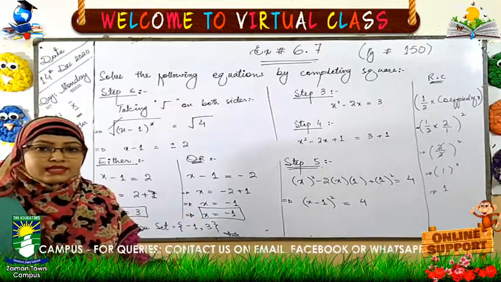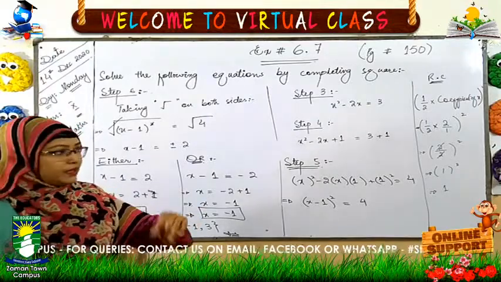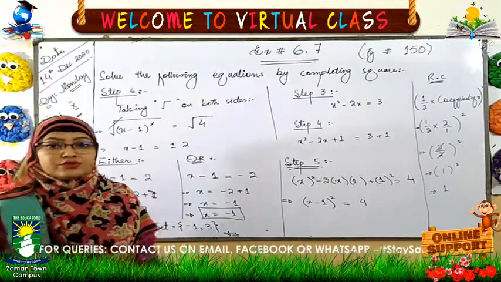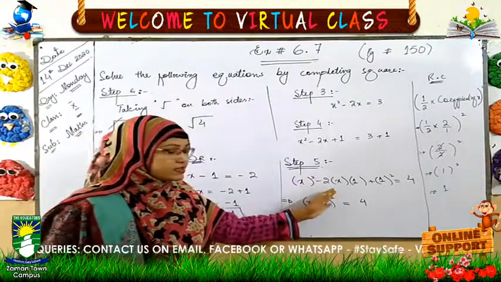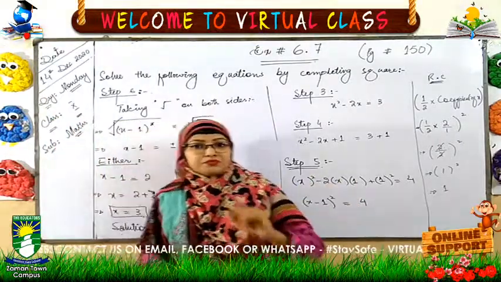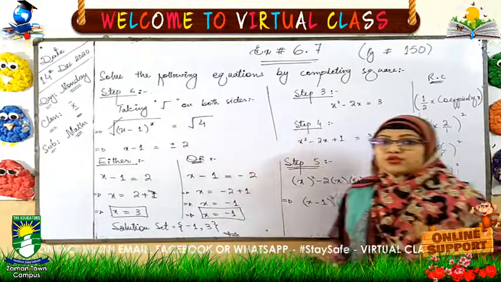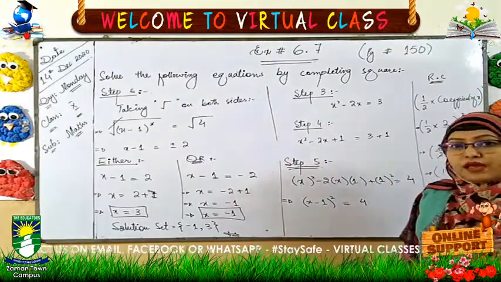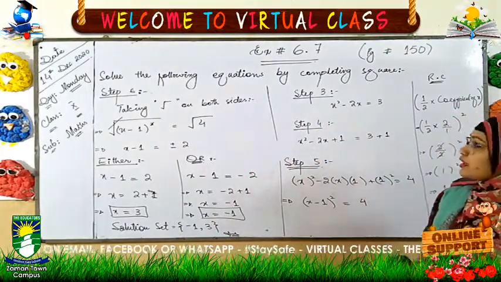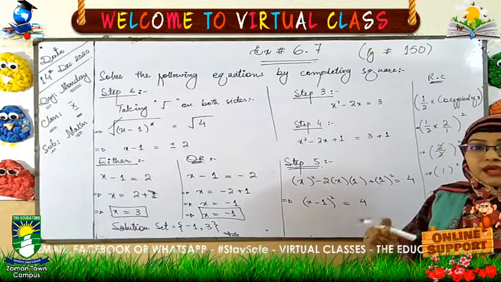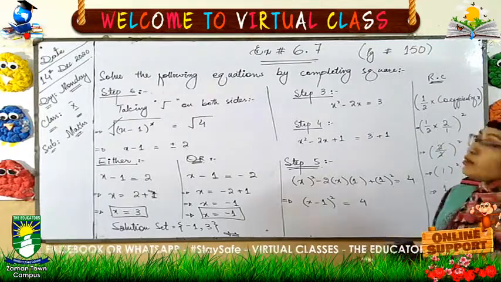The steps are the same. I am repeating again, if you are having any confusion in this exercise, as we have written the steps first in the previous class, okay? So if you are having any confusion about what we have to do in which step, you can find the steps in your book, page number 148.